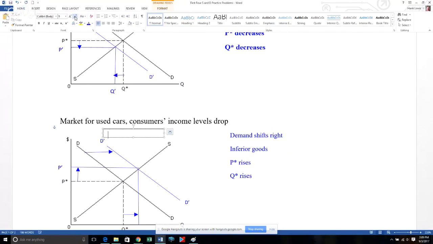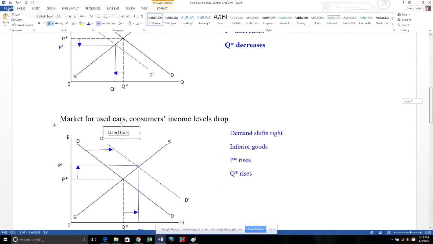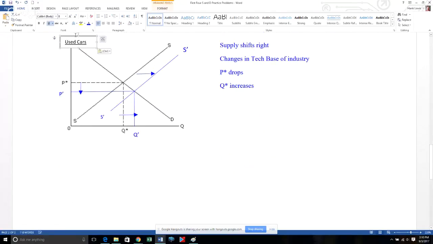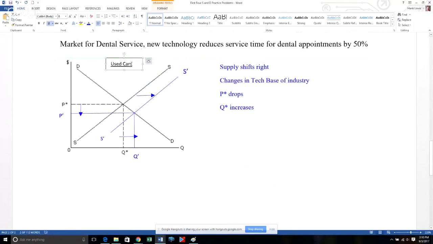Okay, we have to label the market. Let's not forget that, shall we? Here, this is the market for used cars. So let's make sure that that's visible there. And then let's get over here. This is not the market for used cars. This is the market for dental service.